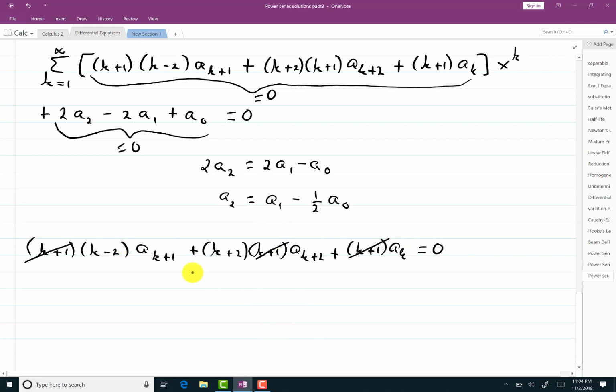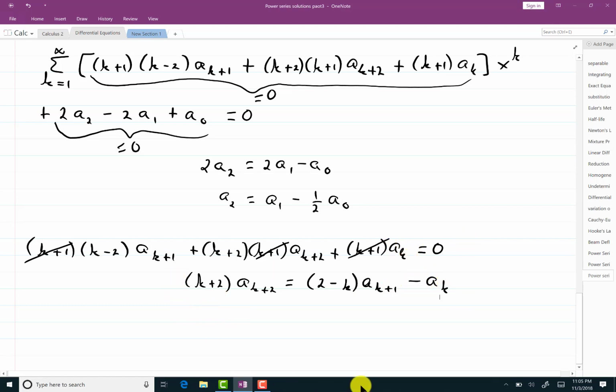So I'll have a k plus 2 times a sub k plus 2 will equal, when I take the k, a sub k plus 1, it'll be the negative of this, but if you don't mind, I'm going to just write it as 2 minus k, a sub k plus 1, and then I have minus a sub k.